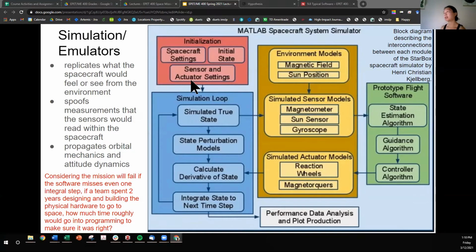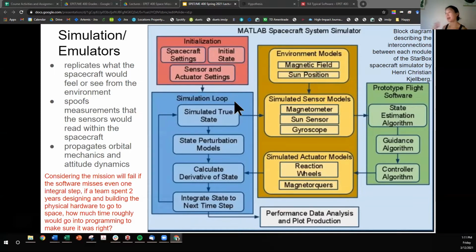So at the very beginning, before you enter this simulation loop, you have to initialize spacecraft settings, like the spacecraft mass, moment of inertia, its initial state, like its initial orbital parameters, its initial attitude, and then sensor and actuator characteristics. All of these parameters then feed into a simulation loop where you are simulating through time.